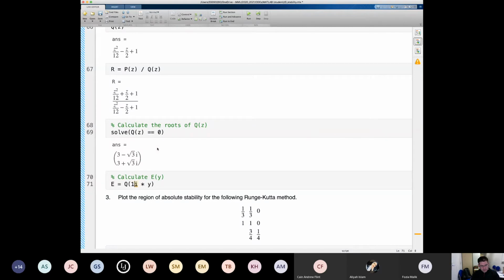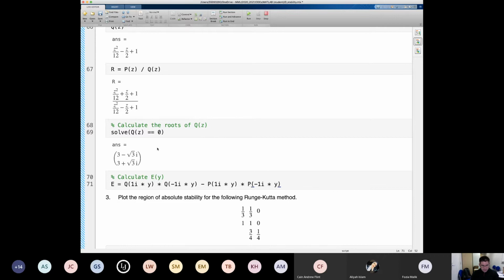So what I tend to do is always explicitly state 1i for when we need our imaginary number. So the E(y) was Q(iy) times Q(minus iy). And from that we subtract P(iy) multiplied by P(minus i times y).